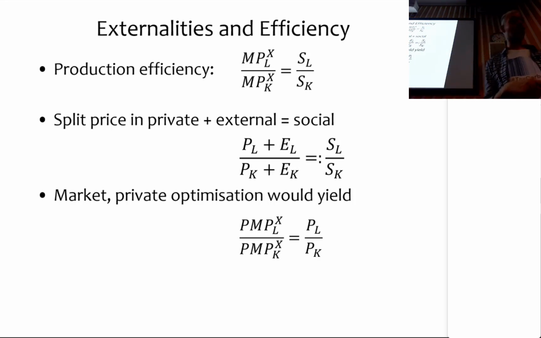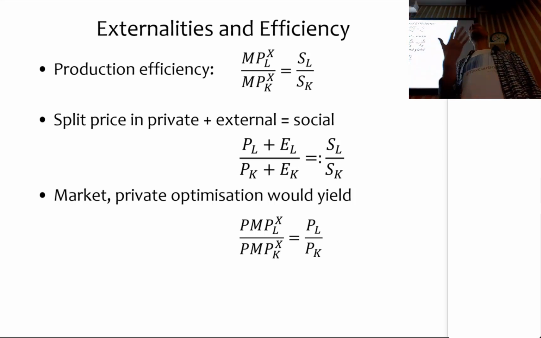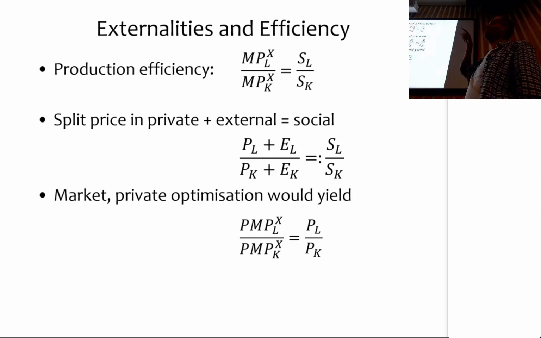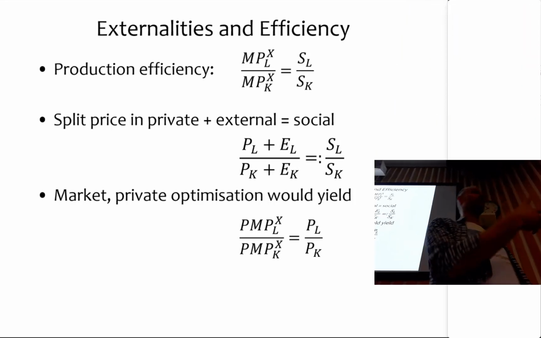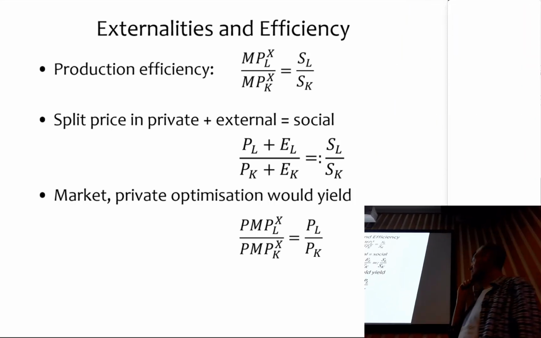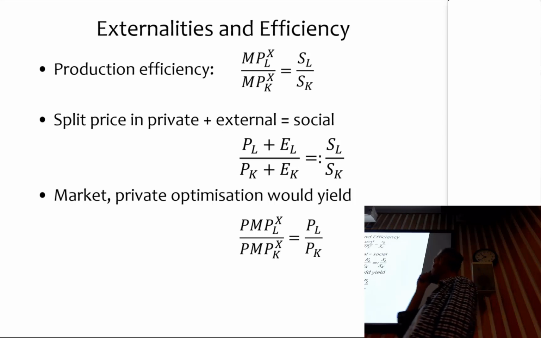And that's the ratio on the left-hand side, should equal the relative price ratio. And I changed the P into S's because now I'm talking about social prices rather than market prices. So the S_L over S_K is essentially not the market price of labor, but it's the social worth of labor. And the same is true for the S_K, it's the social worth of capital.